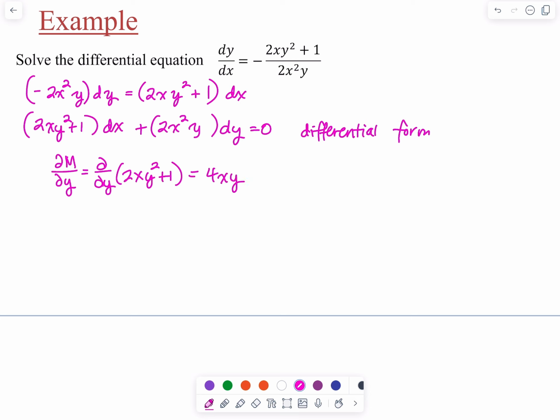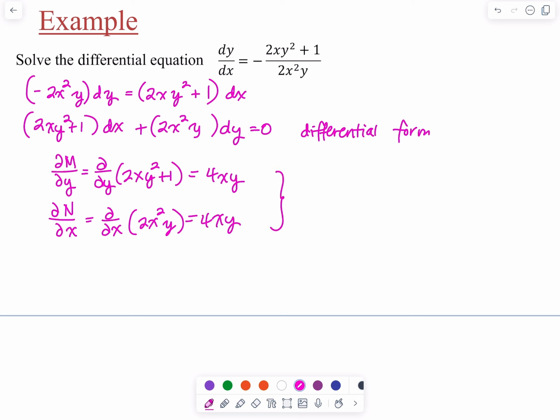Now, we'll take the partial derivative of N with respect to x. And of course, that's the partial derivative with respect to x of 2x squared y, and of course, that's equal to 4xy.